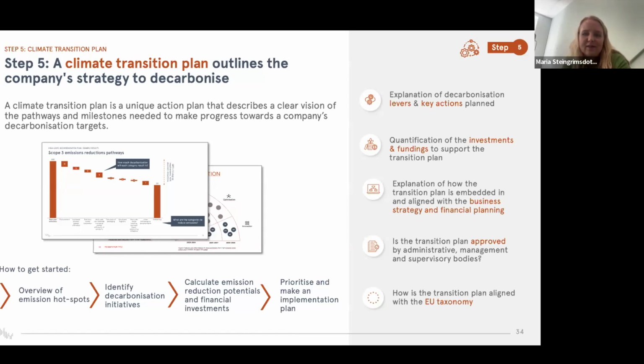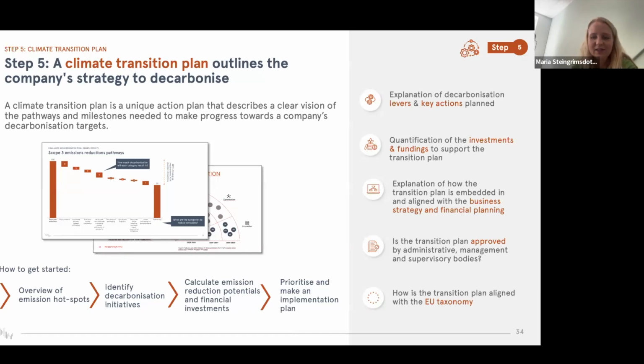The next step is then to calculate the emission reduction potential of each initiative, as you can see displayed in the figure, and also to calculate the financial impacts to implement these decarbonization initiatives. Lastly, you need to prioritize these initiatives and also create an implementation plan for the transition plan.